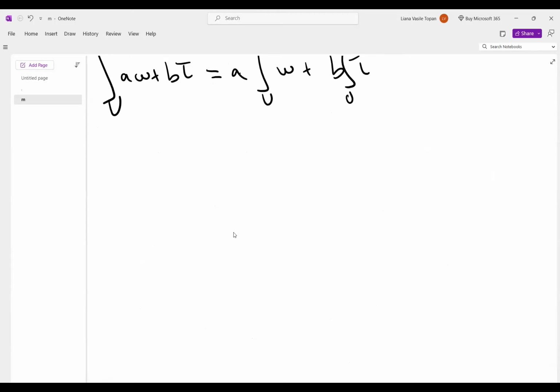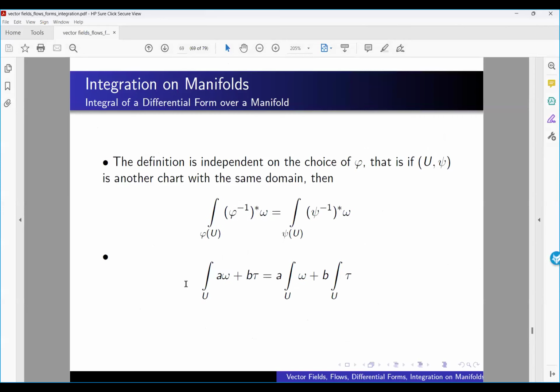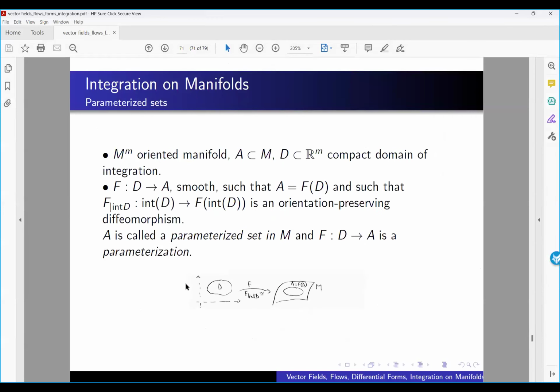All right, so suppose that you have an oriented manifold M and a subset of Rm. I have a small picture here; I will make a larger one on a white page. A compact domain of integration D means that it's bounded and its boundary is of topological measure 0.